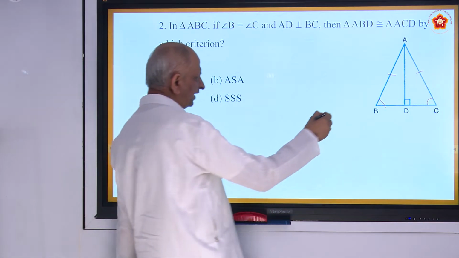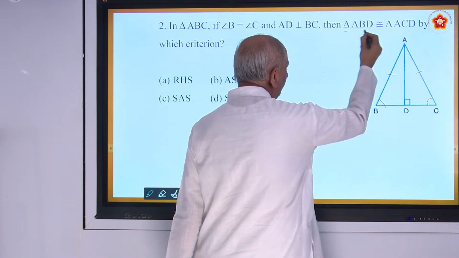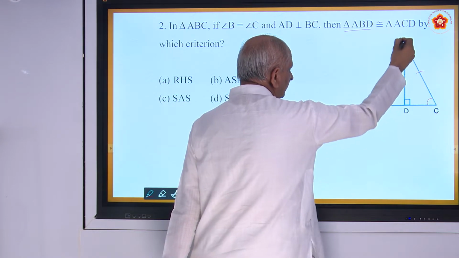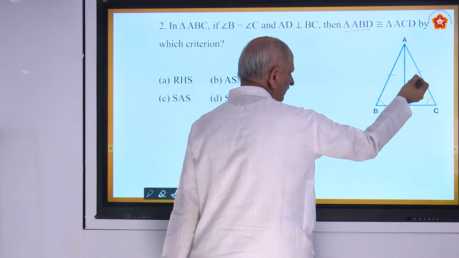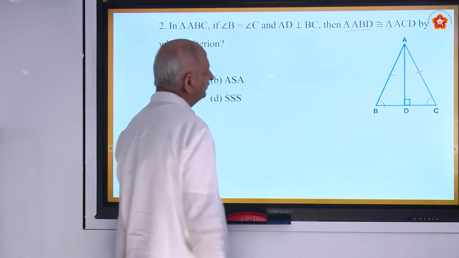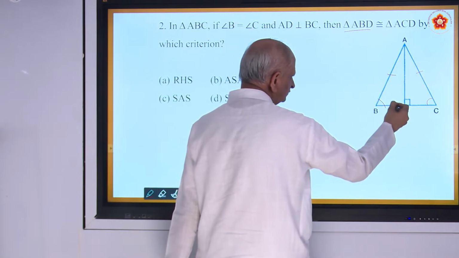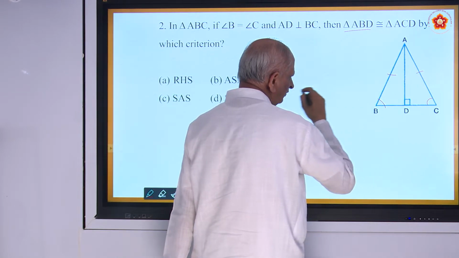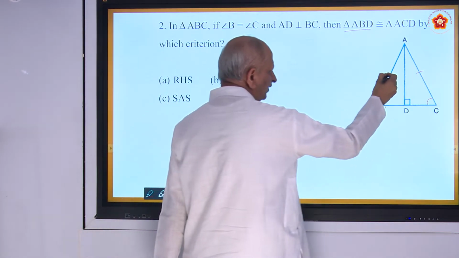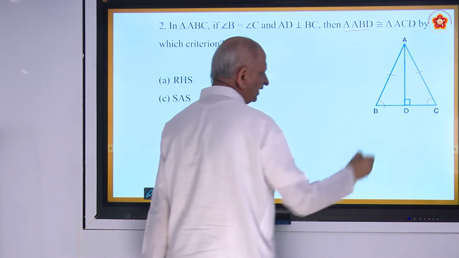Because it's a right angle triangle here, triangle ABD is here, triangle ACD is here, so they are right angle triangles, and AD is drawn perpendicular. So you have hypotenuse equal, one side is common.